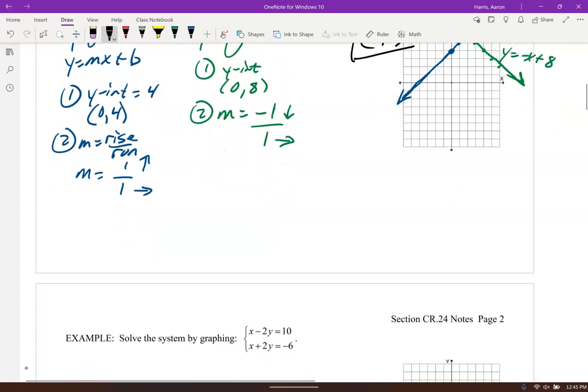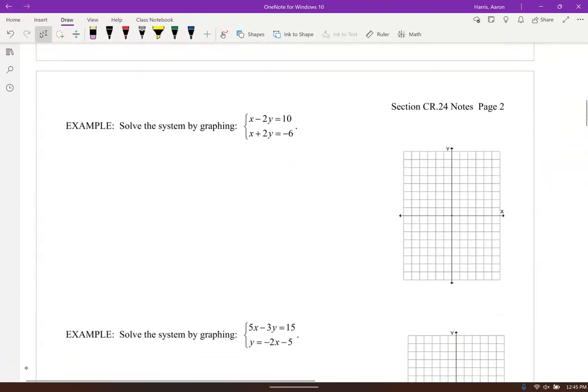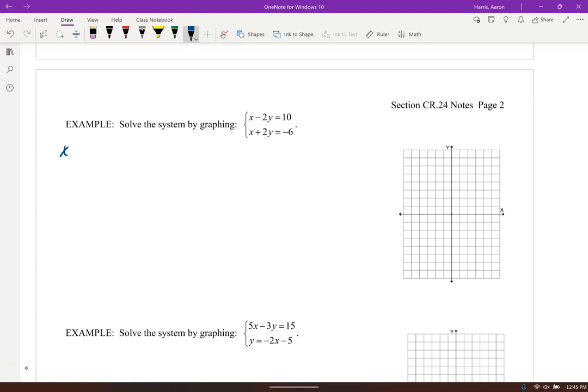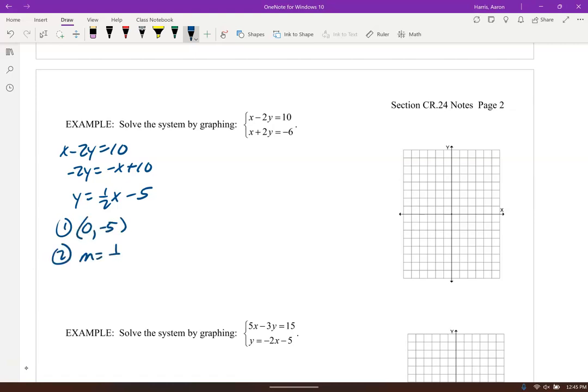Now sometimes it's not solved for y, like this next scenario. You have x minus 2y equals 10. So let's subtract x on both sides. Let's divide everybody by negative 2. So we got 1/2 x minus 5. My y-intercept is (0, -5), and my slope is 1/2, so up 1, right 2.